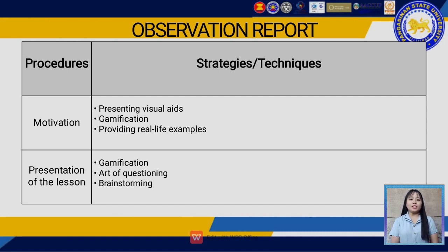And for the techniques or strategies used by the teacher, they use gamification, wherein the teacher incorporates games like verb charades to make the learning interactive and fun. Also, art of questioning, wherein the teacher presents the picture and asks the learners what they see. Also, they use brainstorming, wherein the teacher asks their prior knowledge on what could be their topic for that day.